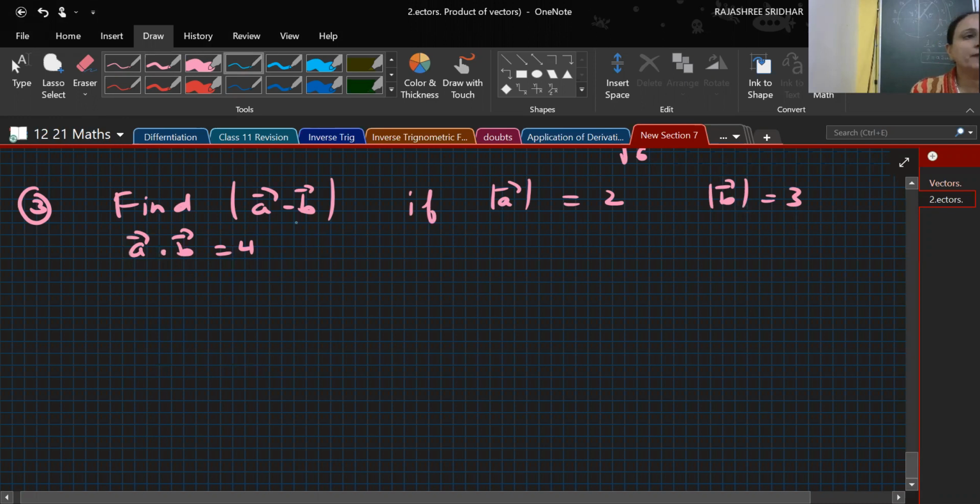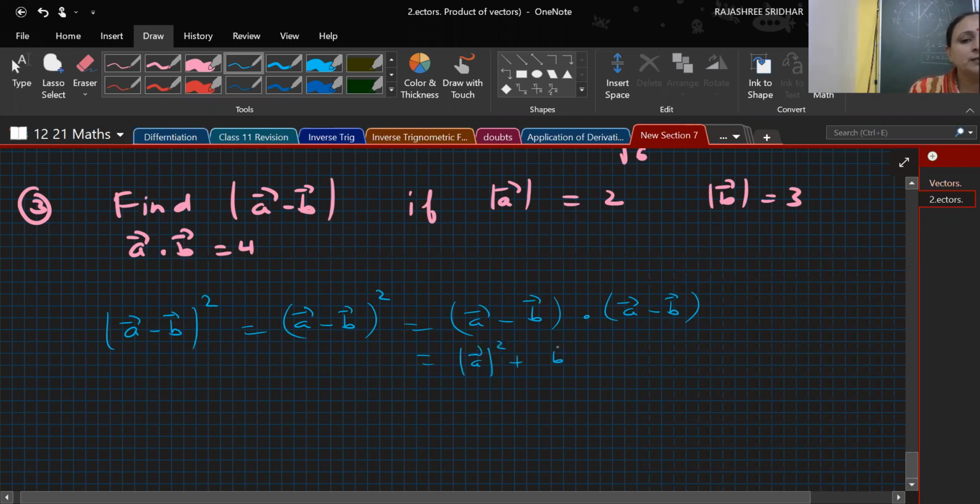I want to find the modulus of A minus B. We all know the whole square of A minus B can be written as A minus B the whole square, or also as A minus B dot product A minus B. So what you have got here is modulus of A squared plus modulus of B squared minus 2 times A dot B. You know the modulus of A. What is it? 2. 2 squared is 4.